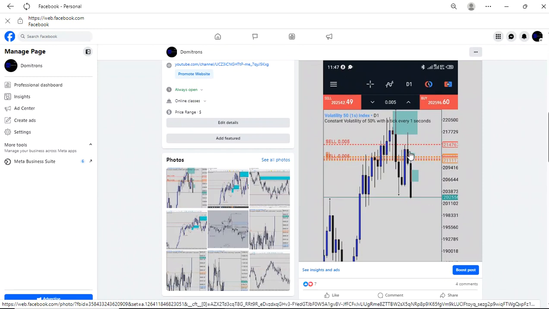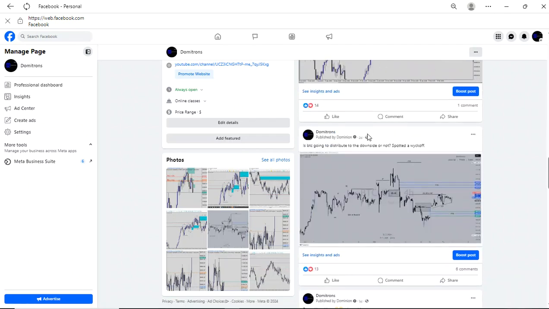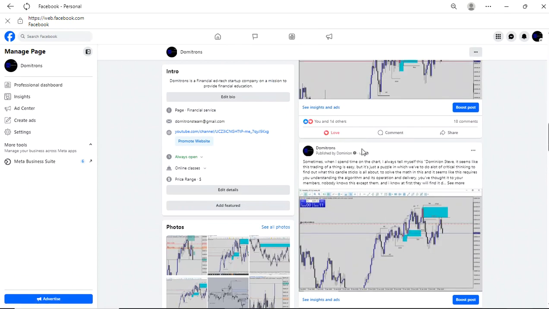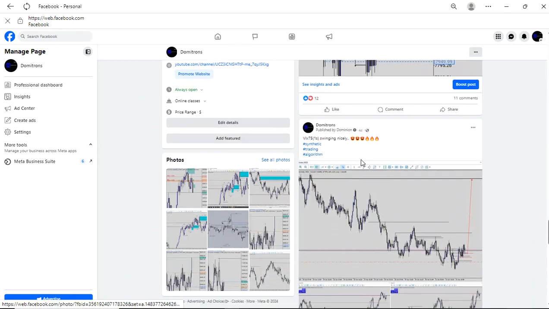So I had a trade, let me just say it's 2 days ago right here on 51s, previous day.